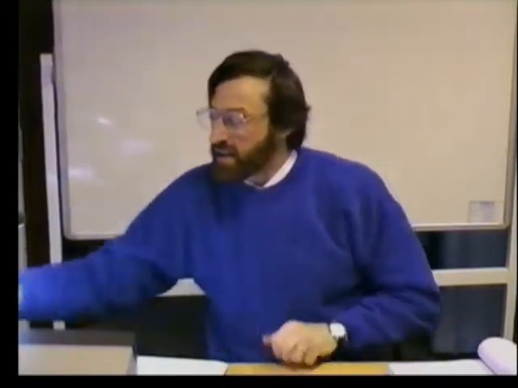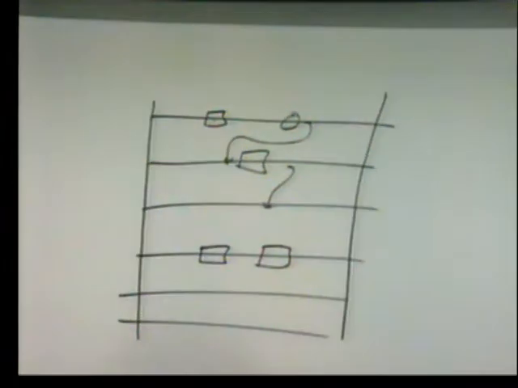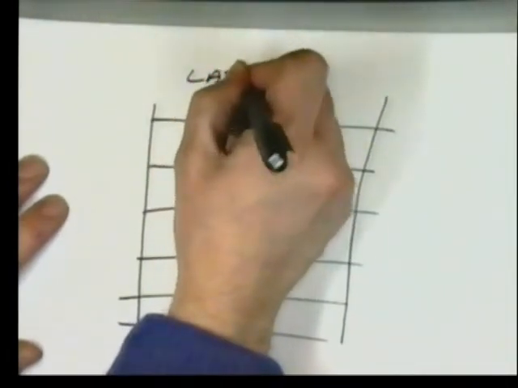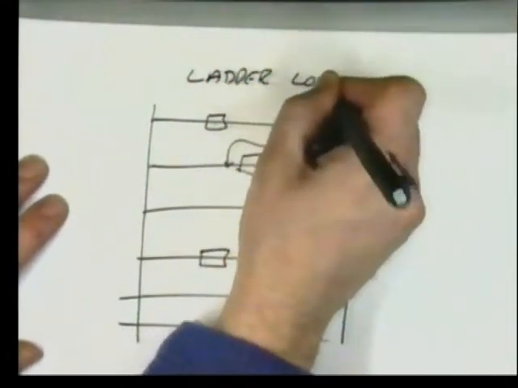And the people who maintained these things developed what we would call a programming language. It wasn't programming in the terminology we know. They weren't programs in computers. But they developed a program language that represented these ladder structures. And this was called ladder logic.